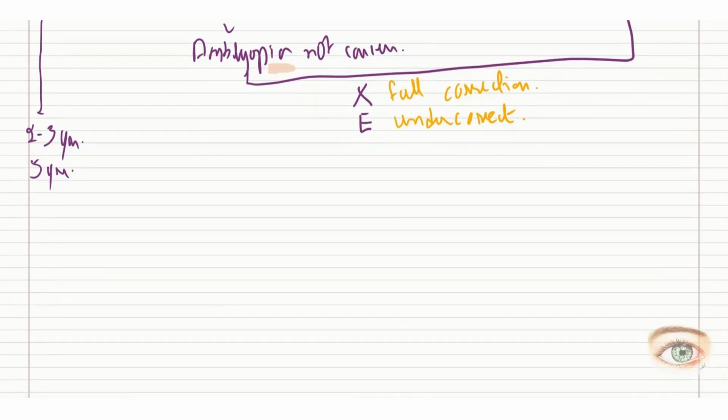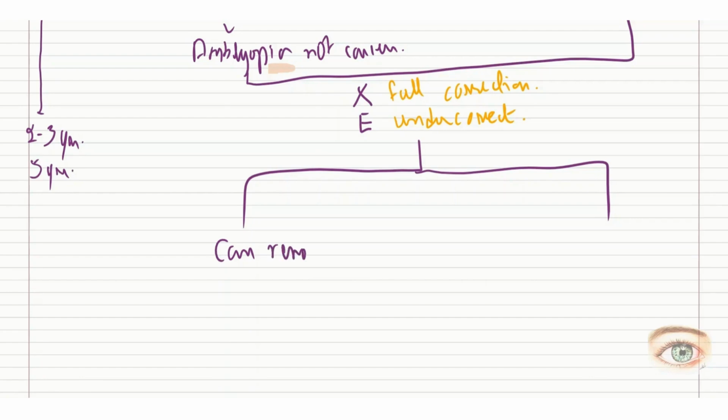So now, if the refractive error is less than 5 diopter, the patient can remove glasses when viewing near. And if it is more than 5 diopter, the patient will wear glasses at every distance, all the time.